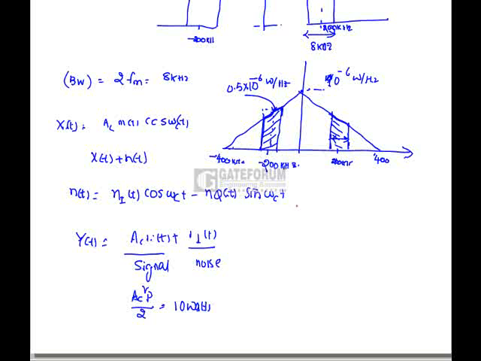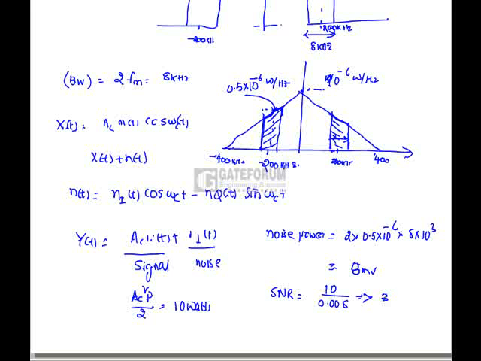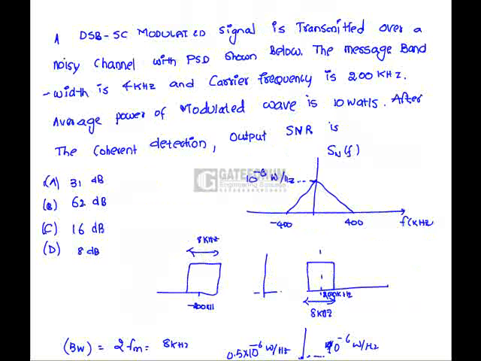The noise power equals twice into 0.5 into 10 power minus 6 into 8 kilohertz, so it is around 8 milliwatts. So the signal component by the noise component, that is the SNR at the output of the DSB-SC receiver, is 10 by 0.008. If we apply the logarithm, in dB, we get 31 dB. That is, option A is correct.